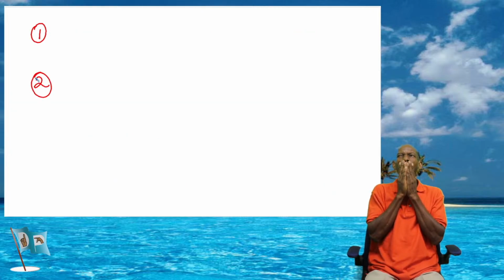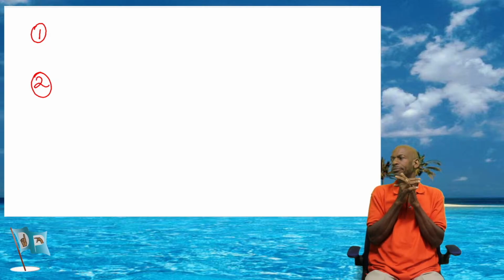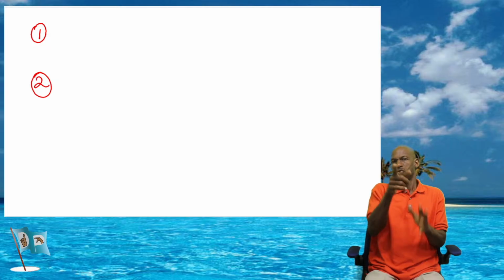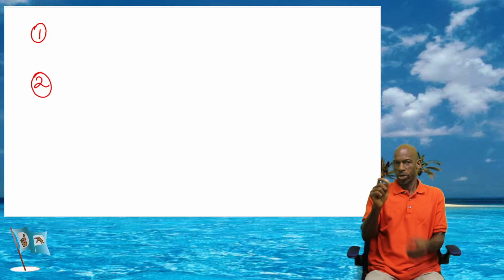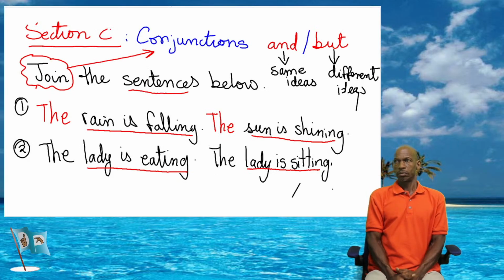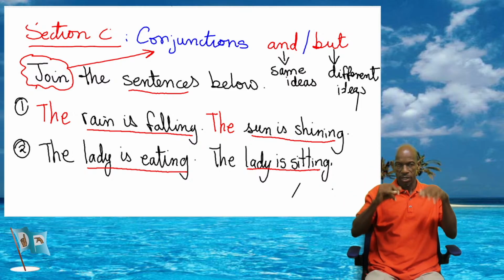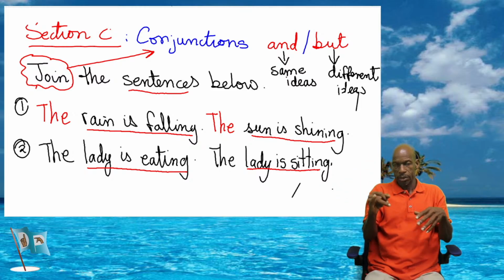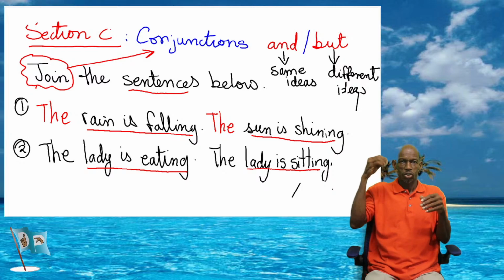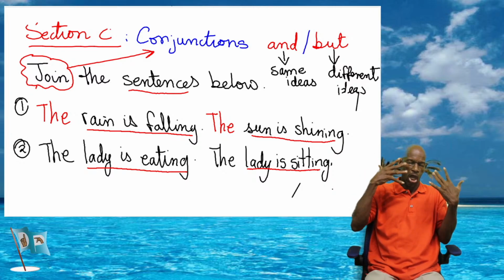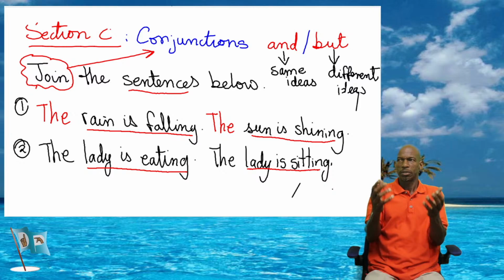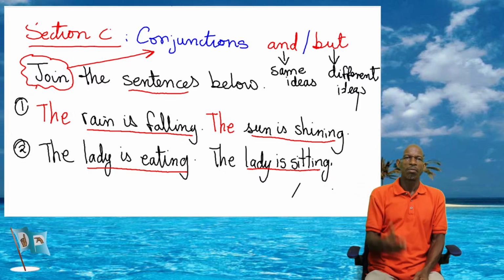You are going to tell me how to write the sentences when I join them. So number 1, the rain is falling, the sun is shining. Who wants to sign the answer for me? Join those two sentences. Number 1. Join the two sentences.